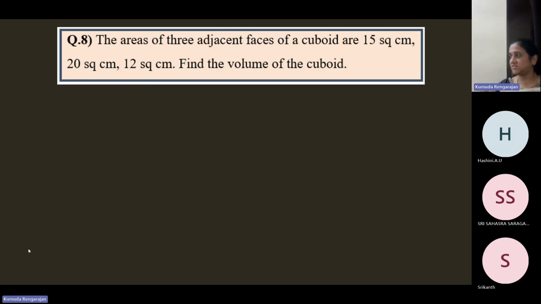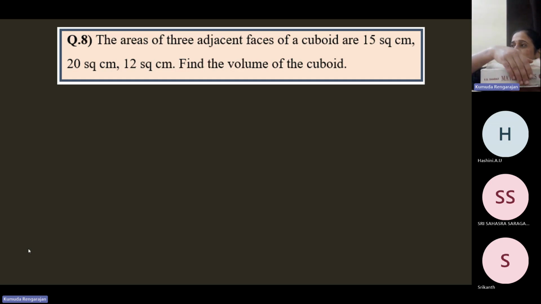Like if there are 6 children, 2 wearing a red dress, 2 wearing blue and 2 wearing green, there are 6 children, but only 3 different colors. Like that, there are 6 faces, but only 3 different faces.